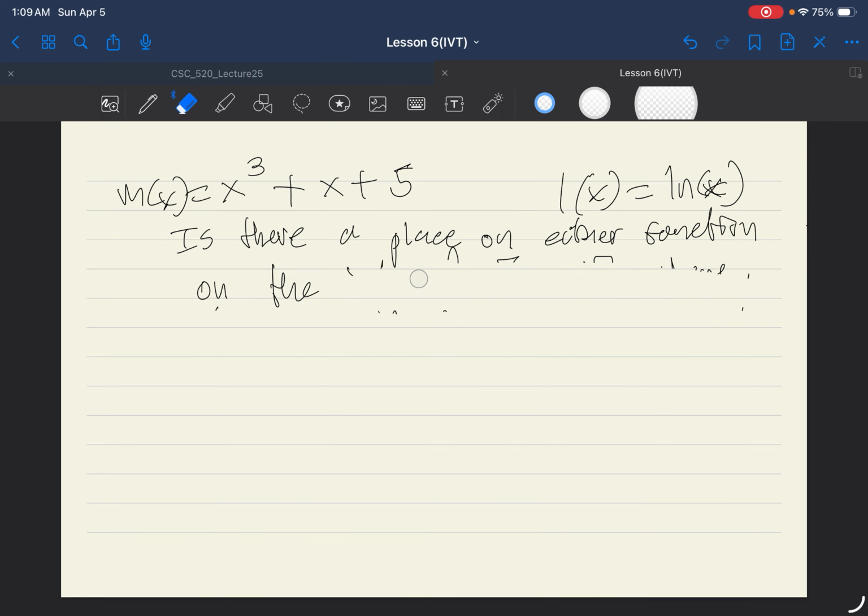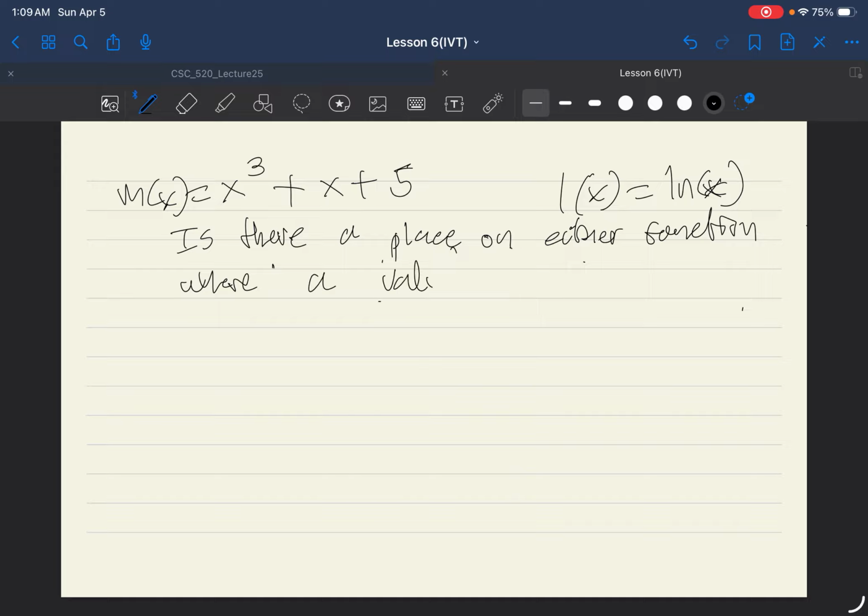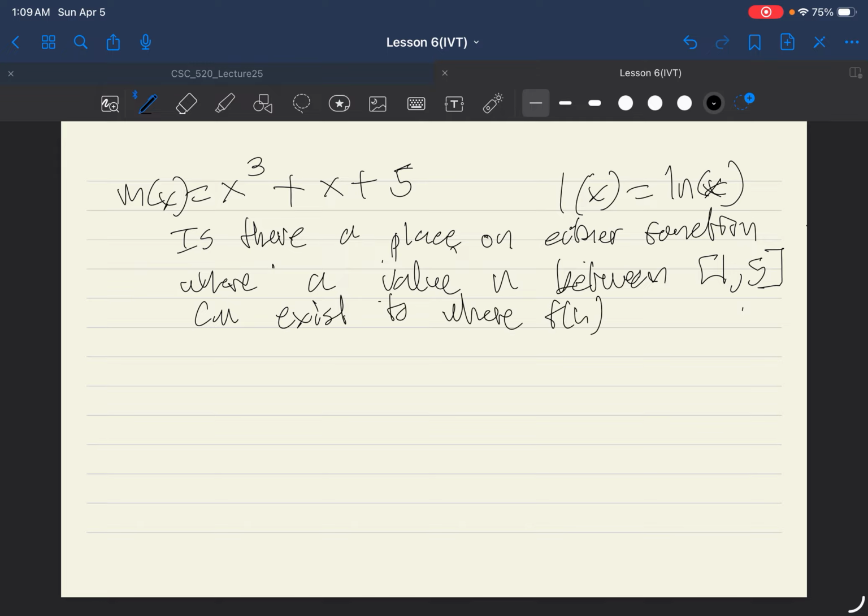Is there a place on either function where a value n between 1 and 5, closed interval of course, can exist to where f of n is equal to 0. All right.